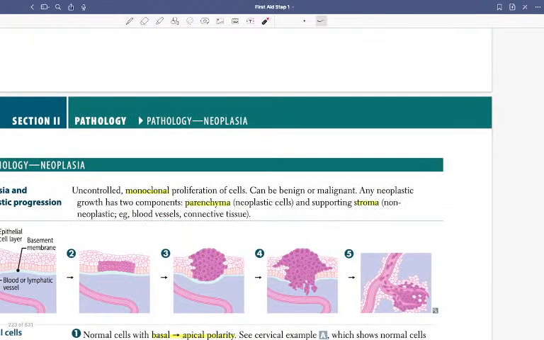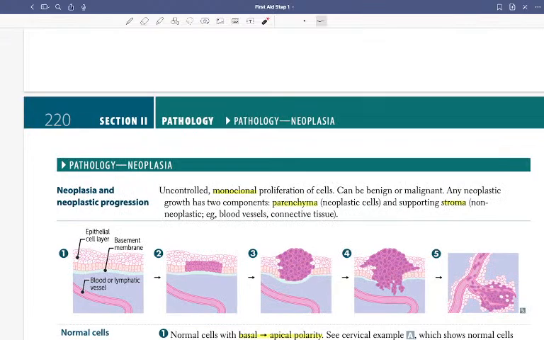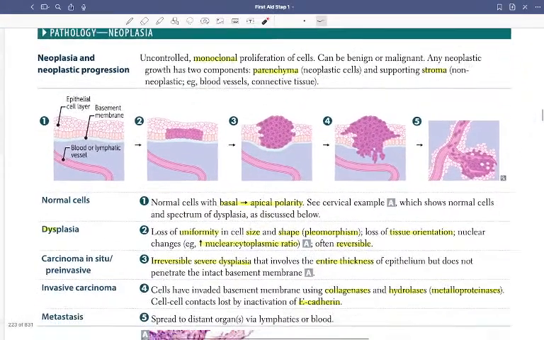Next we come to neoplasia. Very, very important. These definitions are not very significant, just go through it.